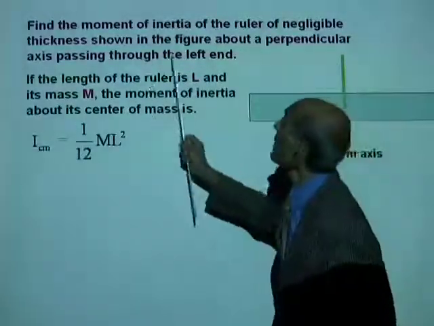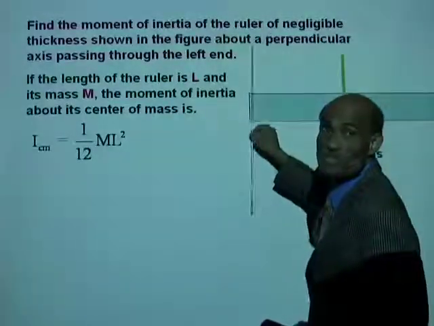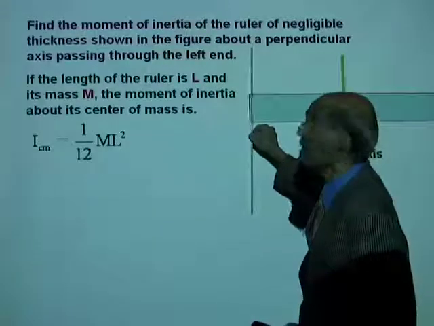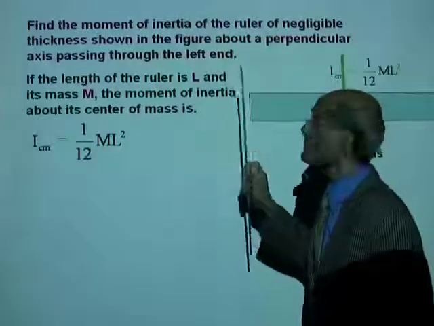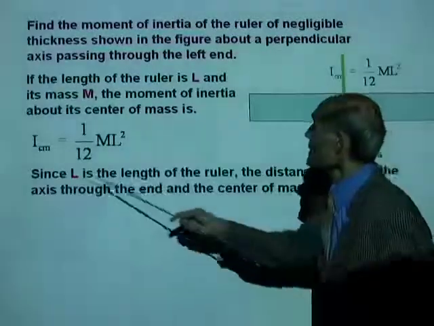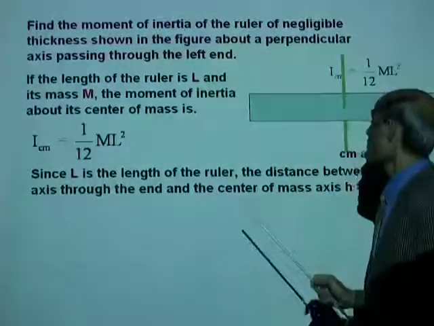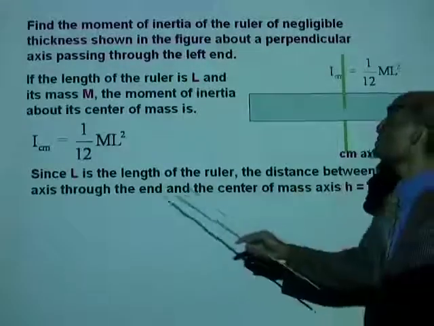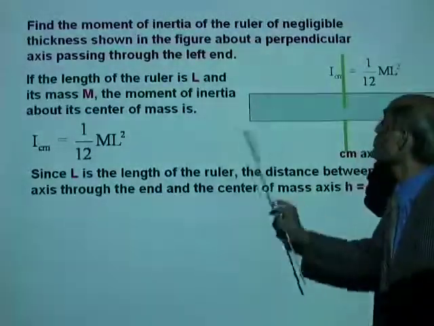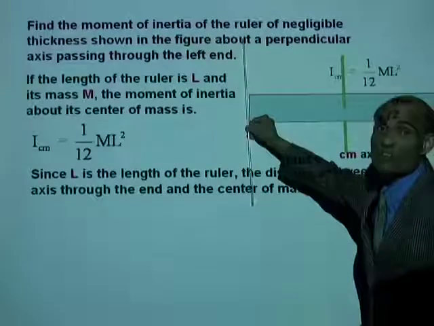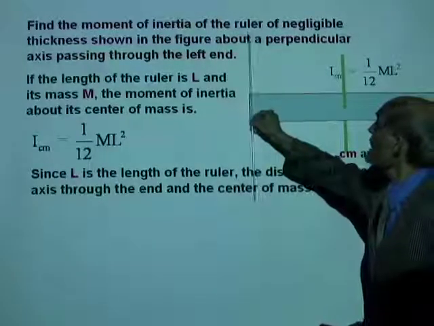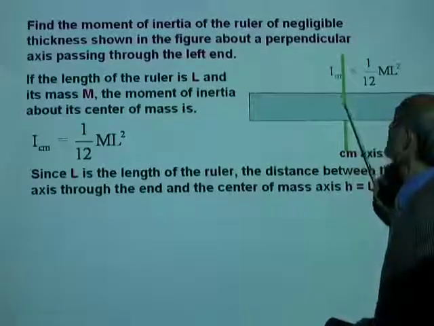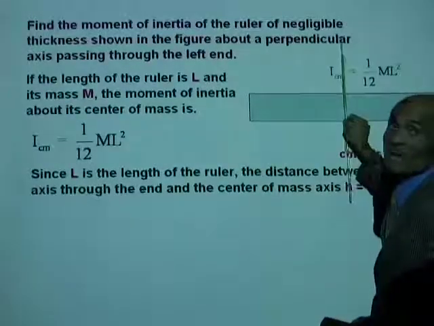We have been required to find the moment of inertia about an axis that passes through one of its ends. Alright. Since L is the length of the ruler, if an axis is passing through an end, what is the distance between that axis and the axis at the center of mass?